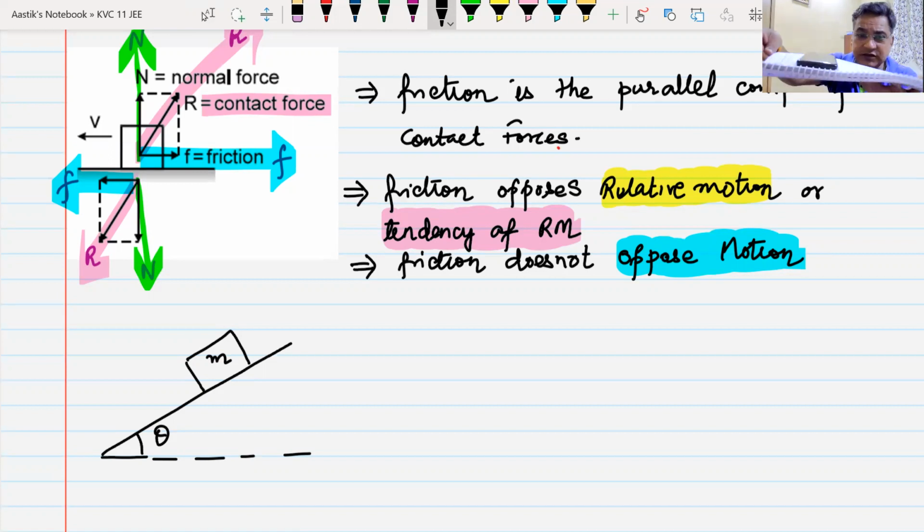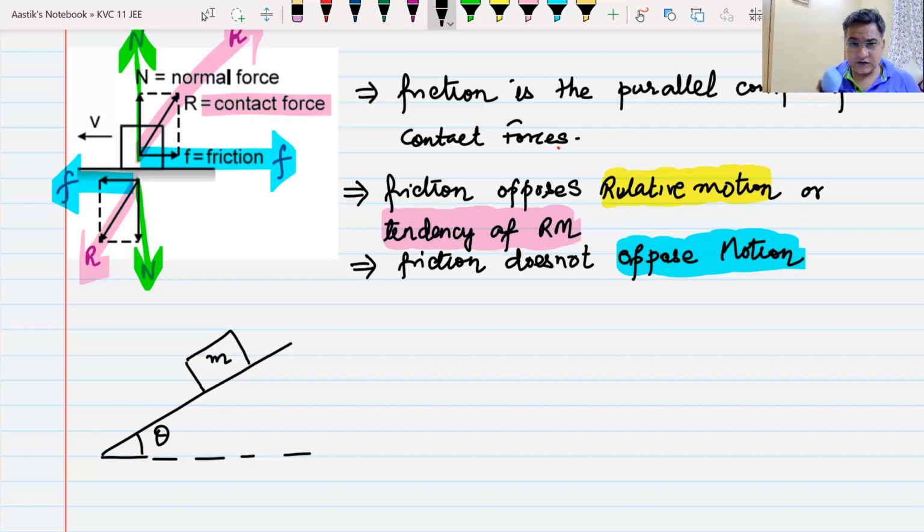There is no relative motion between this surface and this pen. This is just too smooth, so I can't create a rougher surface. This would be a better option. You see this, it is kept on an incline, but it is not moving. There is no relative motion between this incline that I have created and this block.